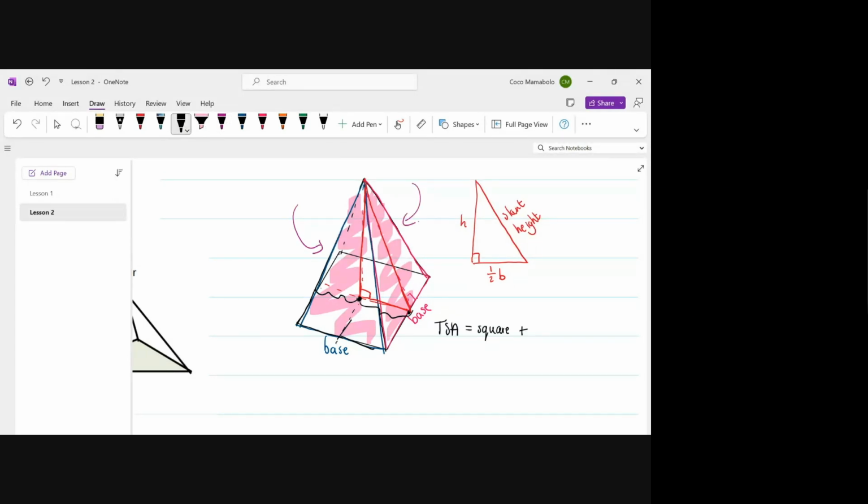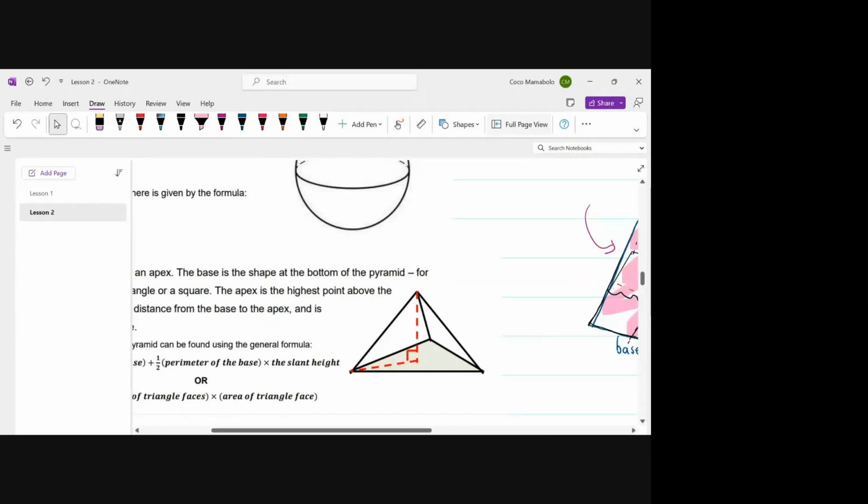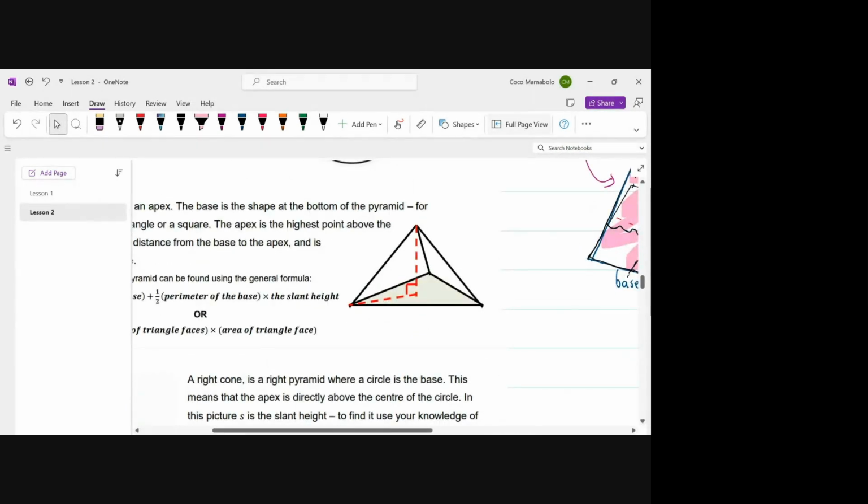So we're going to have the area of the square plus the triangles times 4. Yes, thumbs up. Because it's a right pyramid, all the 4 triangles that meet up will be exactly the same. But this is for a square-based pyramid. Let's have a look at a triangular-based pyramid.